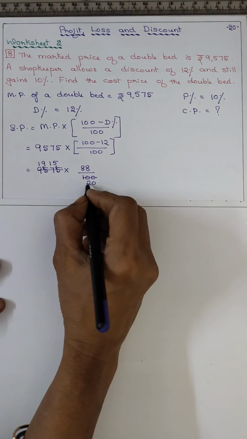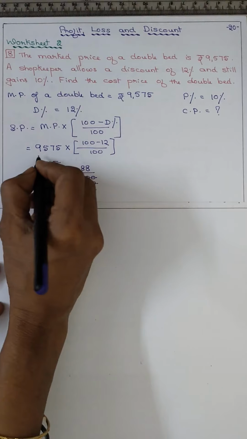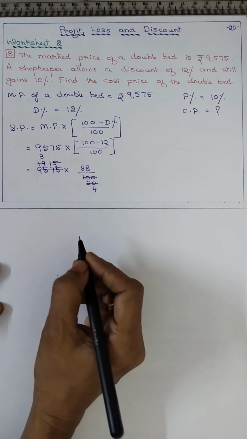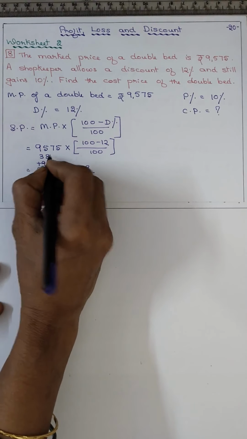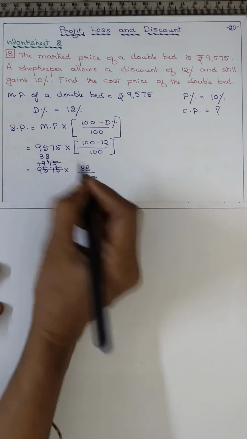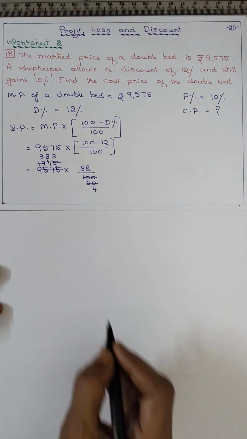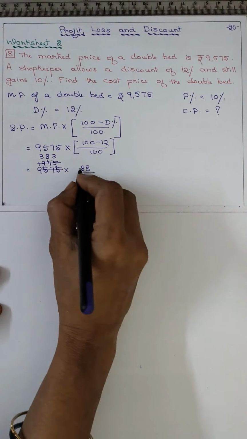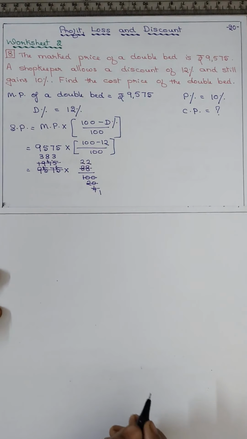Now, again 5, 5 4s are 20, 5 3s are 15, 4 remains, 5 8s are 40, 1 remains, 5 3s are 15. Now, 4 1s are 4, 4 2s are 8, 4 2s are 8.